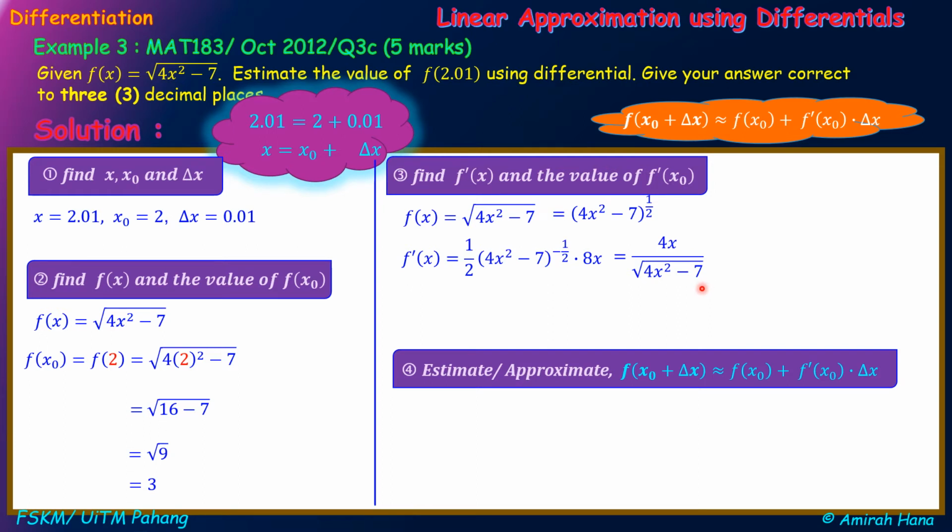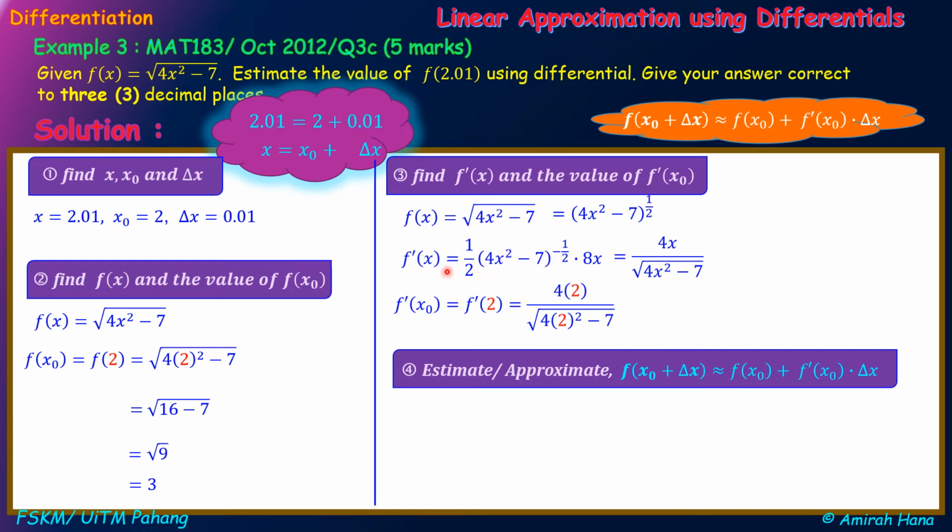Now our goal is to find the value of f prime x naught to substitute into this formula. After we have f prime x, we can find f prime x naught. Our x naught in step 1 equals 2, so we just replace x naught with 2. Comparing with f prime x, we have 4x over square root of 4x squared minus 7.